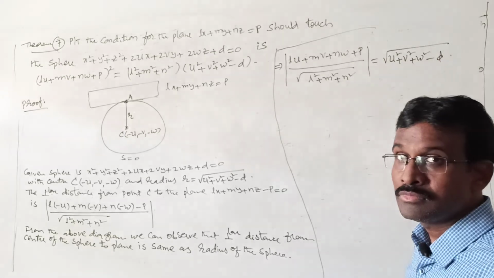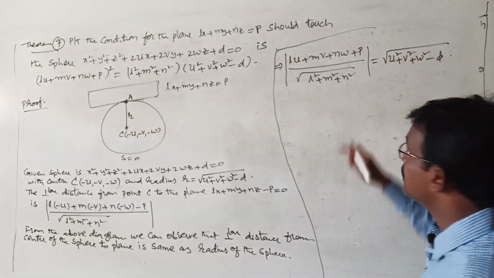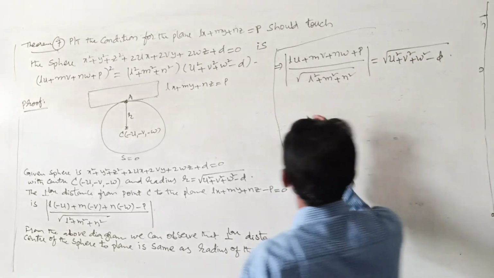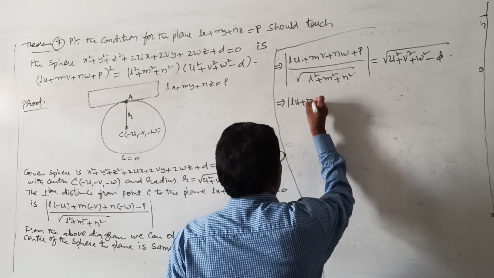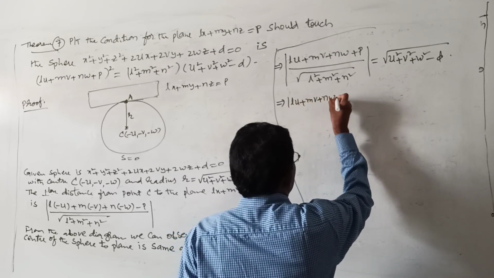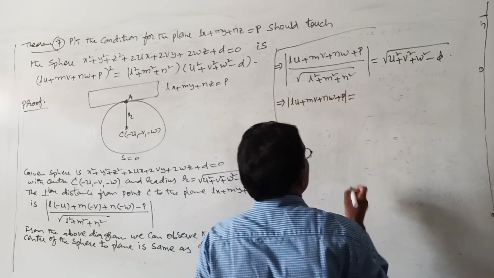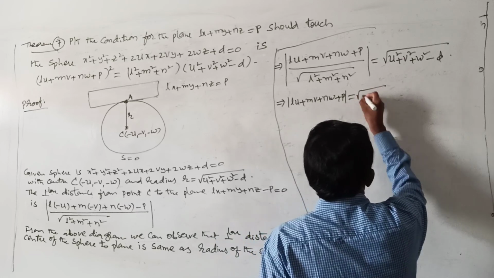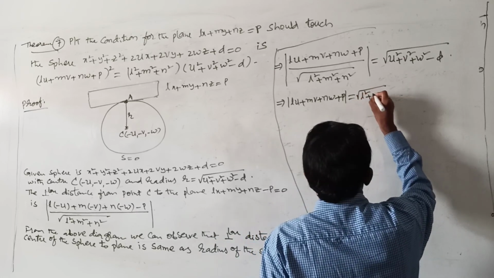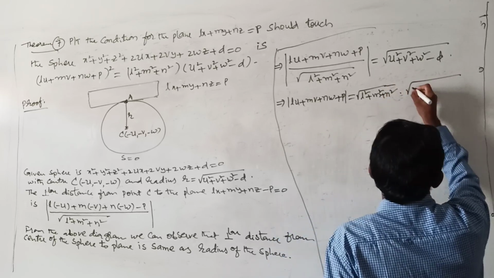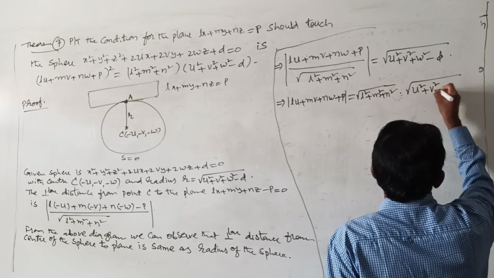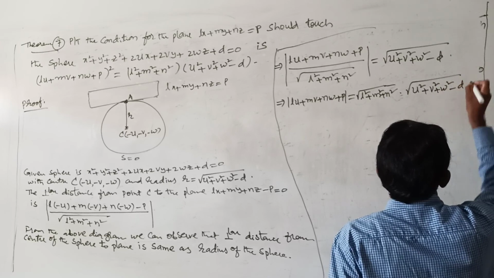Now do cross multiplication, after that you can square it. First I am doing cross multiplication. This implies mod of Lu plus Mv plus Nw plus P is equal to square root of L square plus M square plus N square into root of u square plus v square plus w square minus d.